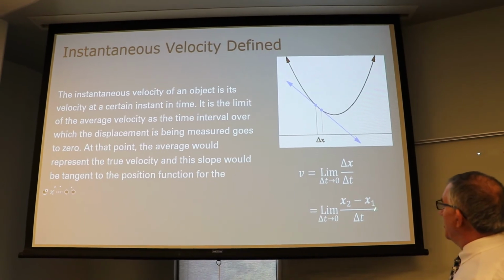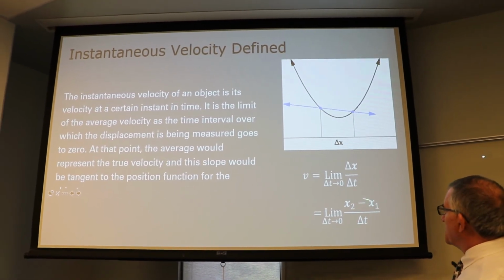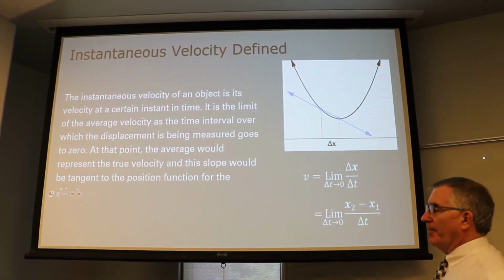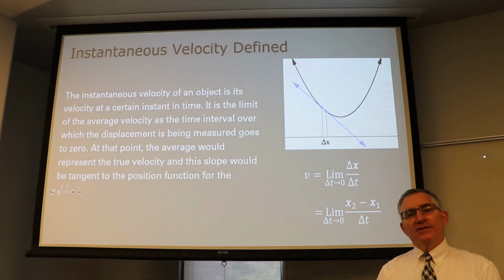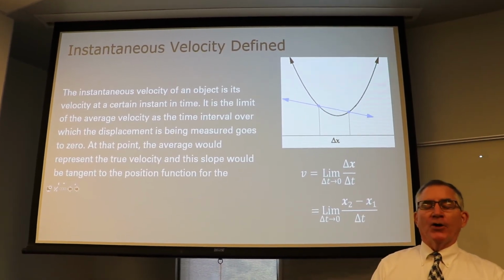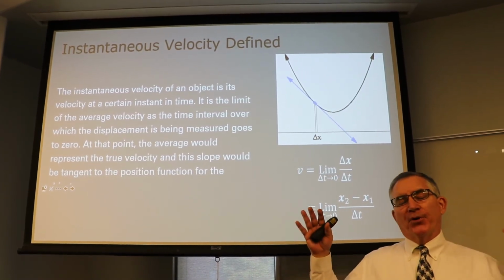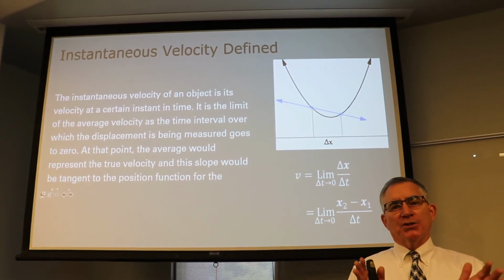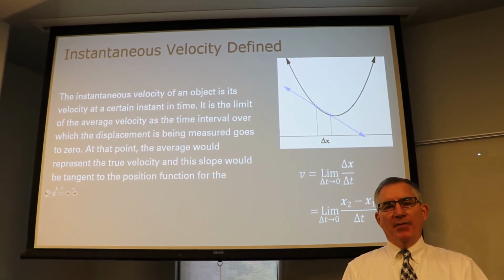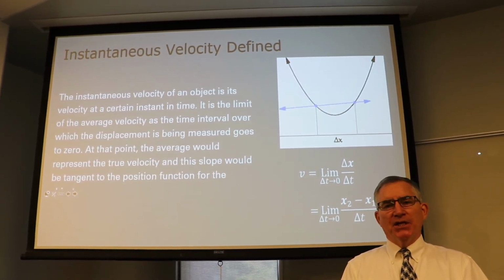And so you can see down here, this would be x2 minus x1, the displacement, divided by the time. So we can take that data, and we'll get a whole series of average velocities that get progressively closer and closer together in time as they approach delta t equals 0.